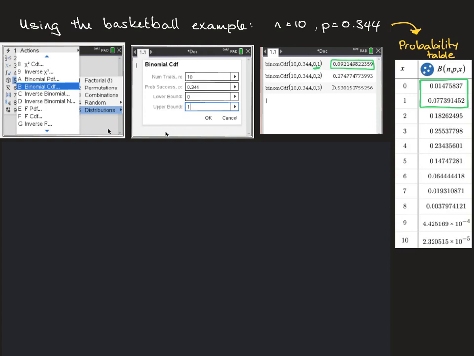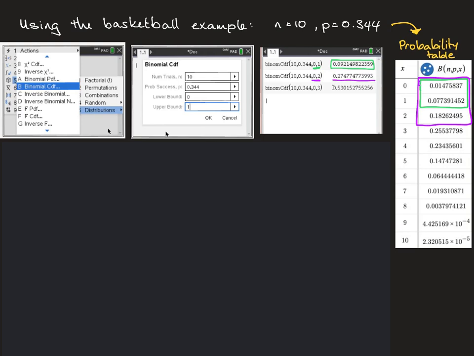And then what I did was I just copied and pasted and changed the bounds that I was working in. So this next example here goes from a lower bound of 0 to an upper bound of 2. And so it adds together all of these probabilities. And that's what that adds up to.